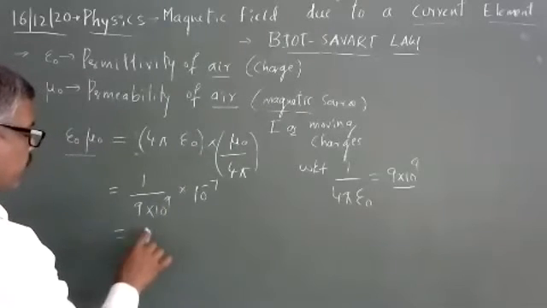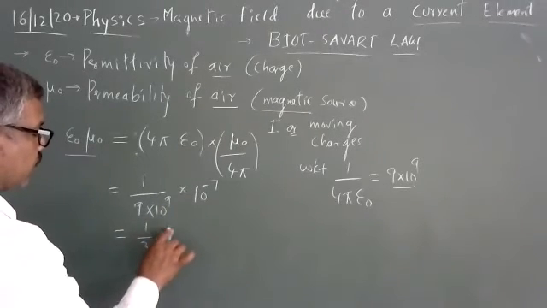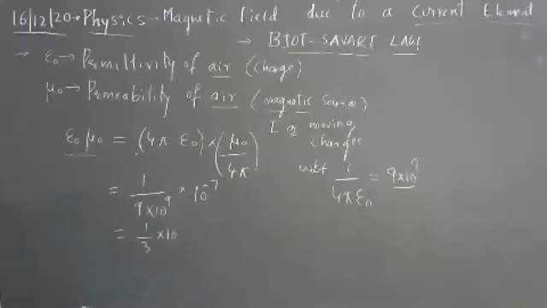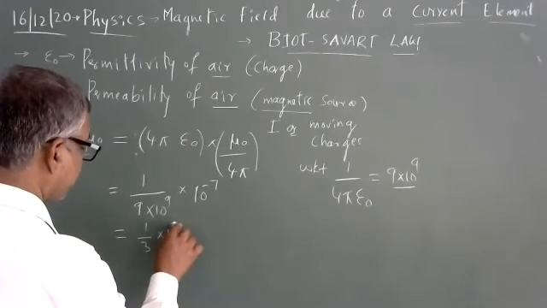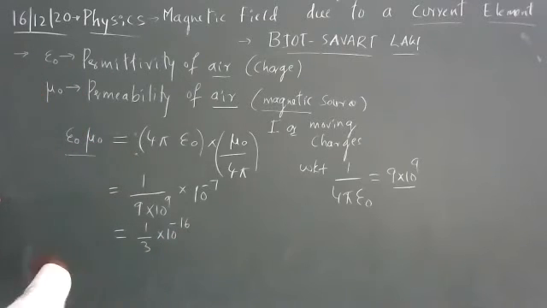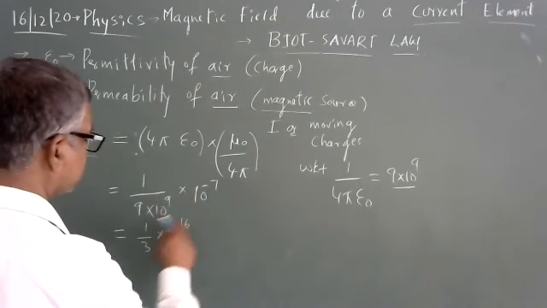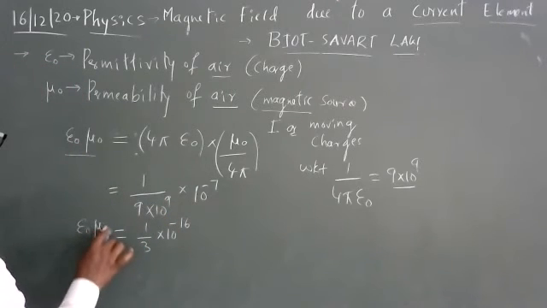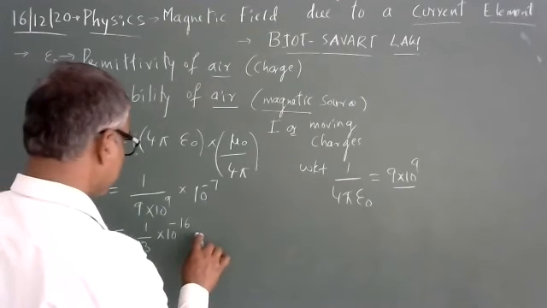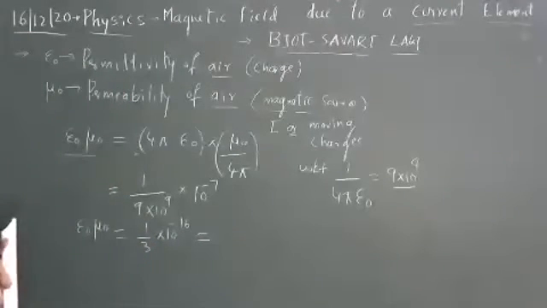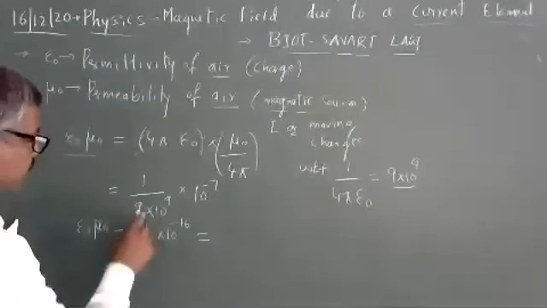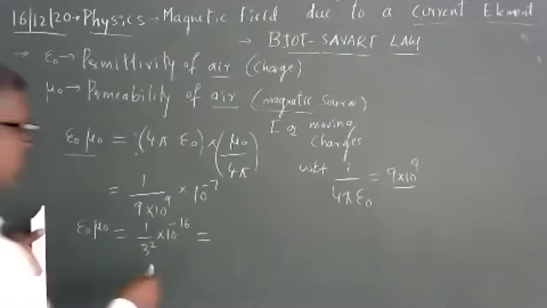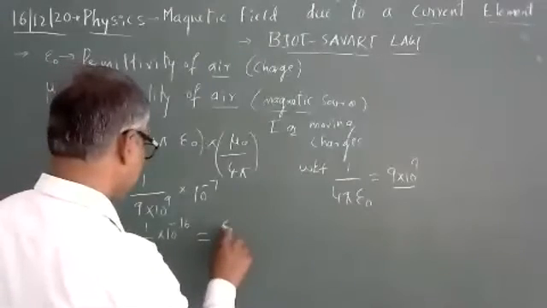Simplification will give me 1 by 10 raised to 9 plus 7, that is minus 16, because plus 9 becomes minus 9. This is the value of the product epsilon 0 mu 0. Now this 9 is actually 3 square. Once I rearrange it, it becomes a very simple quantity.